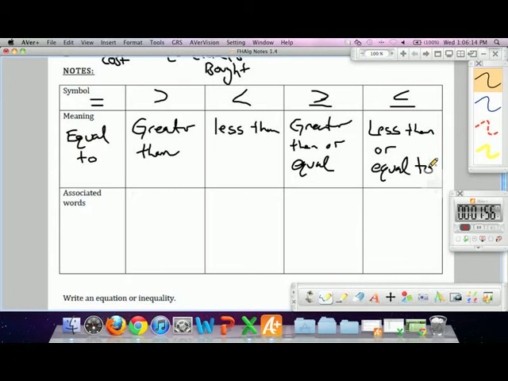Okay. So then I'm going to throw out some other words we might see, and we'll see which one we think it fits with. So for example, what if I said something is fewer than? Which one of those five symbols do you think we're going to go with? Less. Okay.